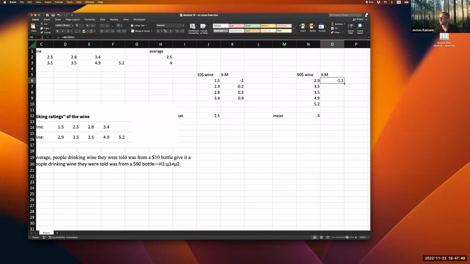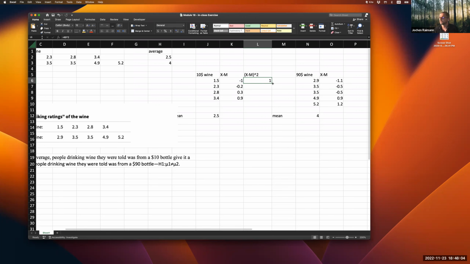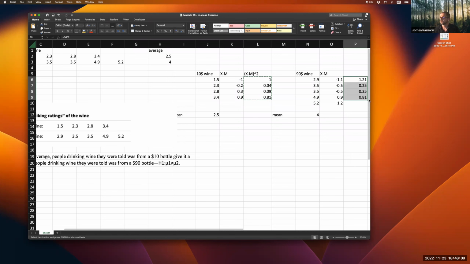We get the deviations, and now all we need to do is take this deviation and square it up. Squaring gets us to these squared deviations that we can now simply copy over. We do not need to lock anything in, because that's referencing the respective entry in that cell.